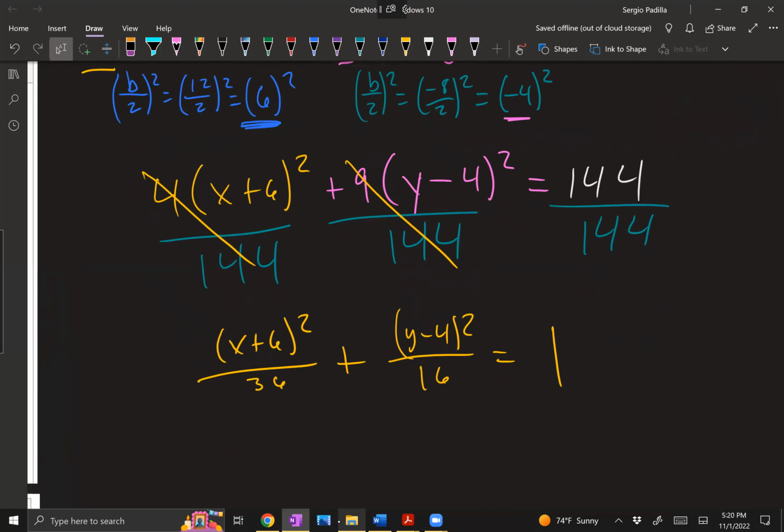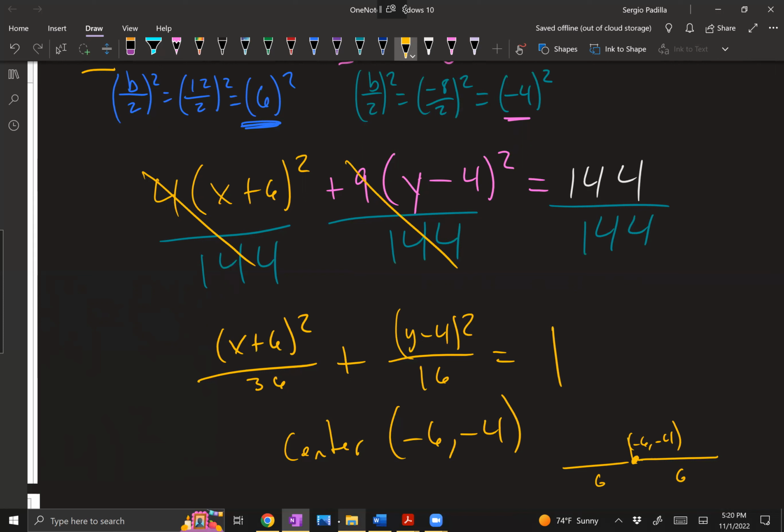So now we know that we have the equation for an ellipse, right? Where the center is at negative 6 and negative 4. And from that point, I know that horizontally, it's going to go out 6 to the left, 6 to the right.